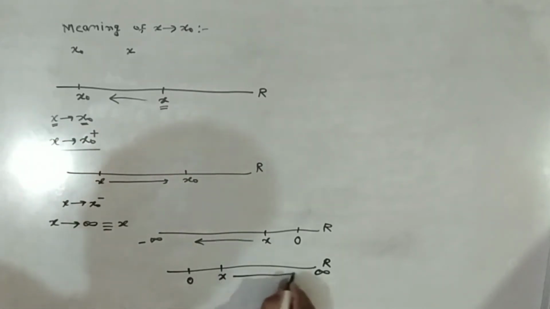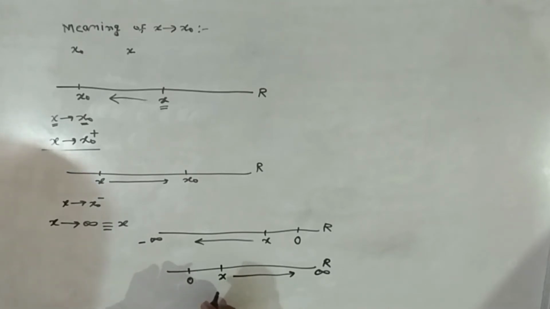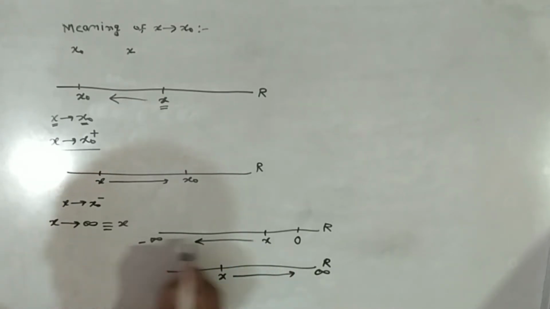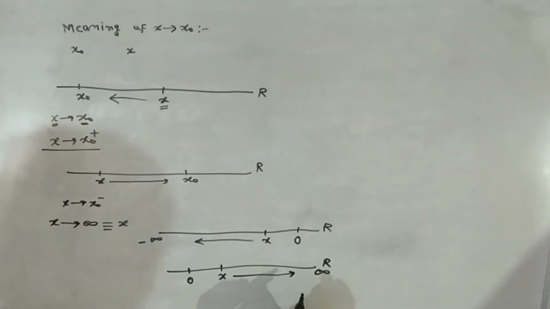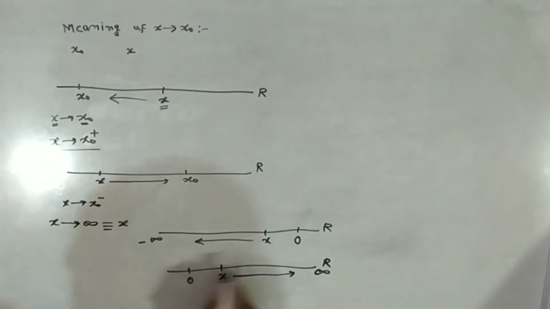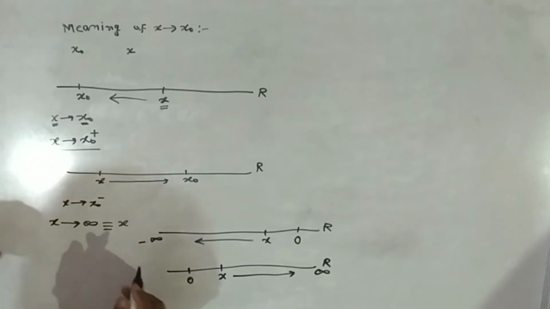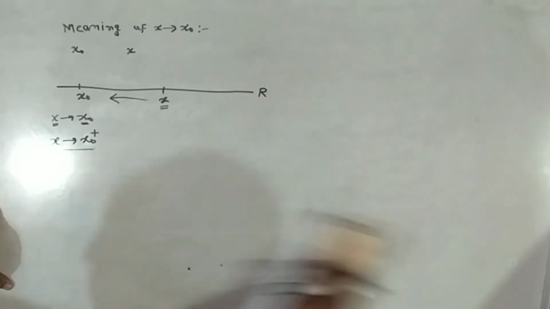So x tends to infinity means x increases without bound, and x tends to minus infinity means x decreases without bound. This is the concept. Now we'll see the concept of limit of a function.